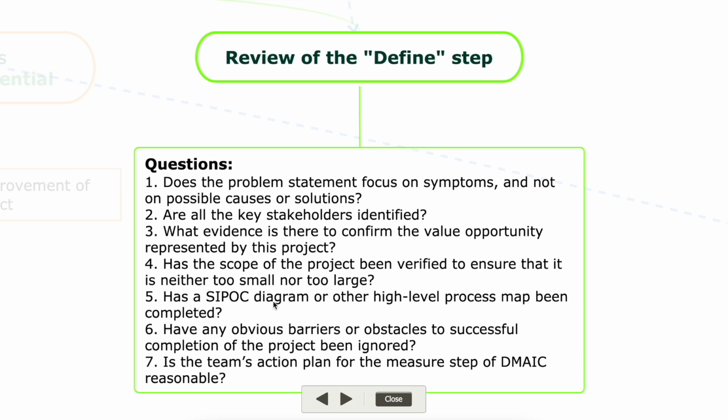Has a SIPOC diagram or other high level process maps been completed? Have any obvious barriers or obstacles to successful completion of the project been ignored? Is the team action plan for the next step of DMAIC reasonable? On the basis of all these questions, the success of the step will be evaluated.